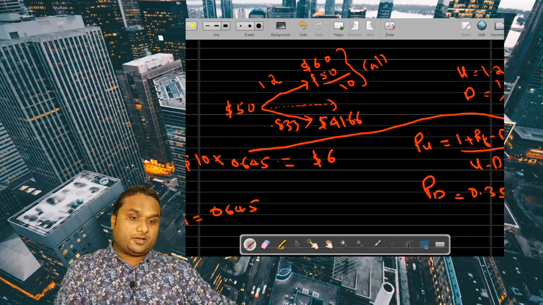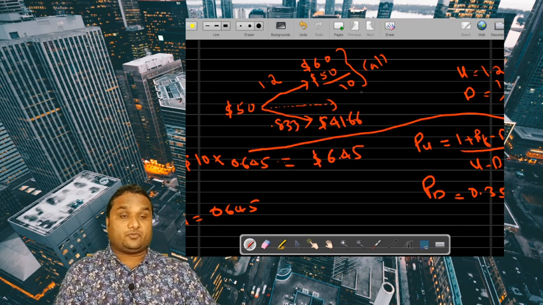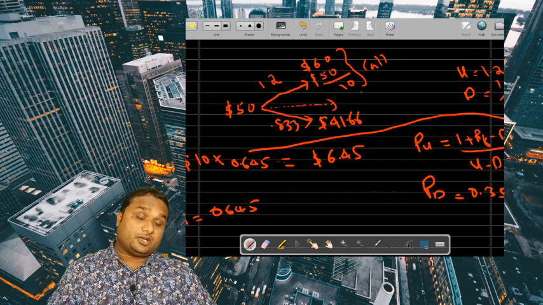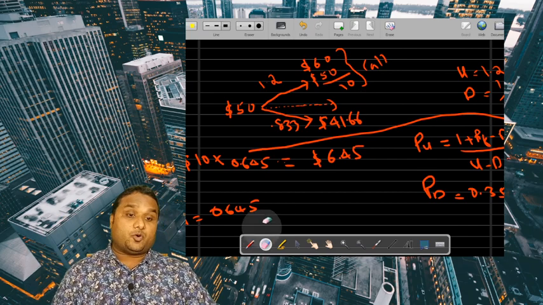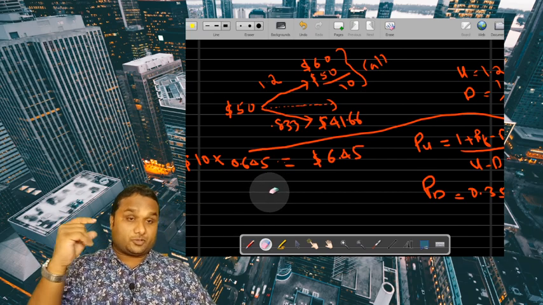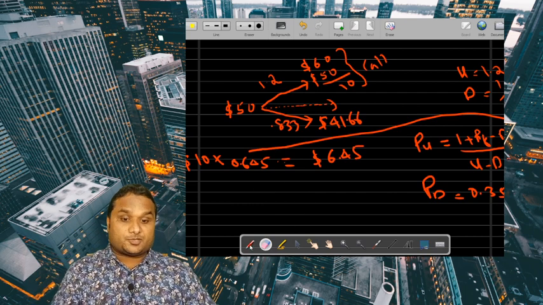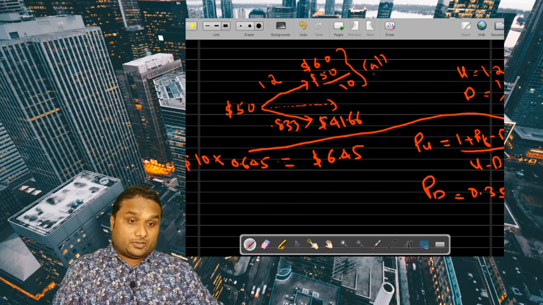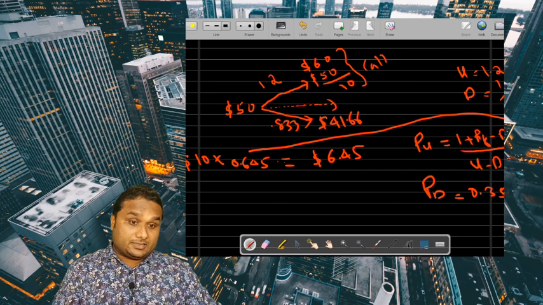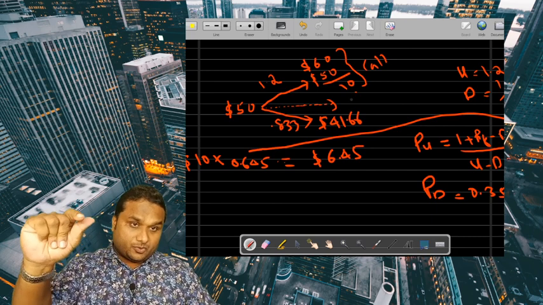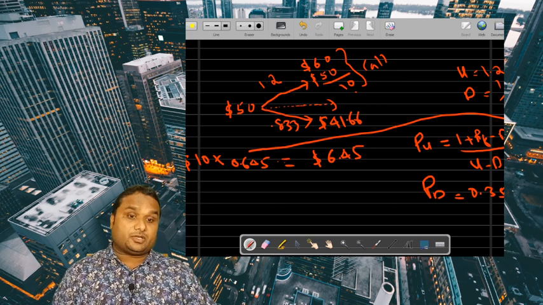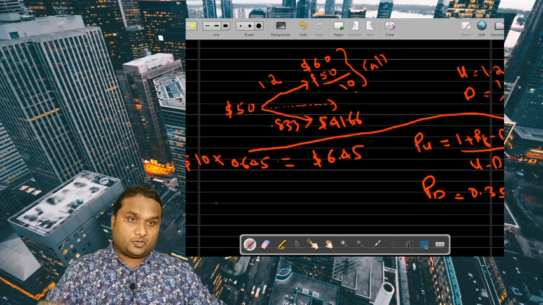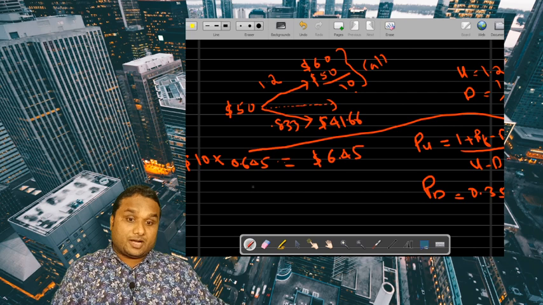So the value of the call option after 1 year, in 2021, is $6.45. Now you have to compute the price of the call option today. So for finding the price, you have to discount the 6.45 after 1 year.